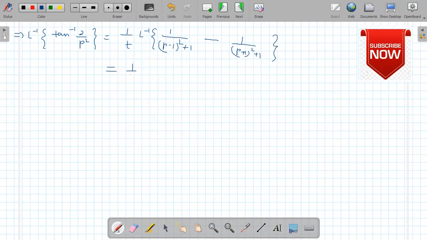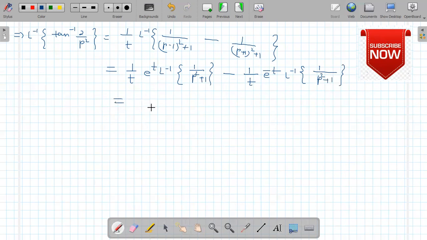So it is 1 upon t. Laplace inverse of this is done by the first shifting theorem. It is e raised to the power t into Laplace inverse of 1 upon p square plus 1. And second is 1 upon t into Laplace inverse of, here also we use the first shifting property, so it will be e raised to minus t into Laplace inverse of 1 upon p square plus 1.